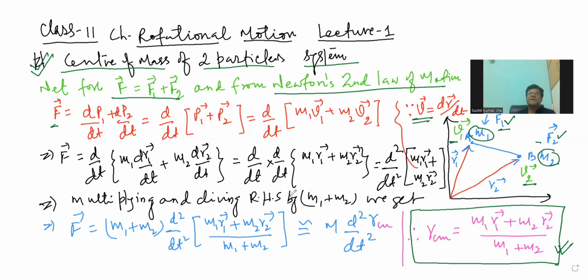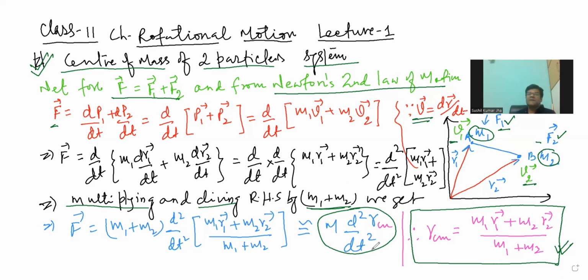अब हम क्या करते हैं, multiply and divide the RHS by m1 plus m2, the total mass of the system, and that way we get F is equal to m1 plus m2 times d2 upon dt square of m1 r1 plus m2 r2 divided by m1 plus m2, which is equivalent to total m d2r by dt square.